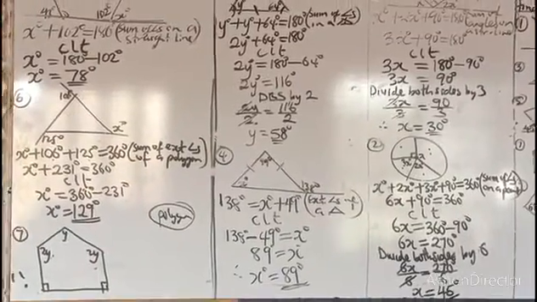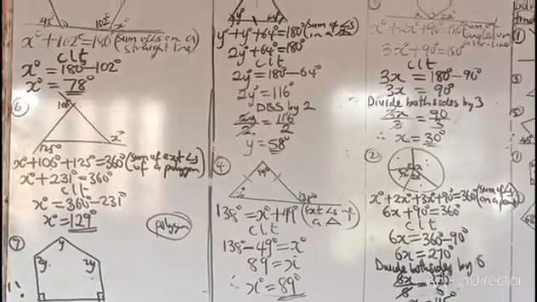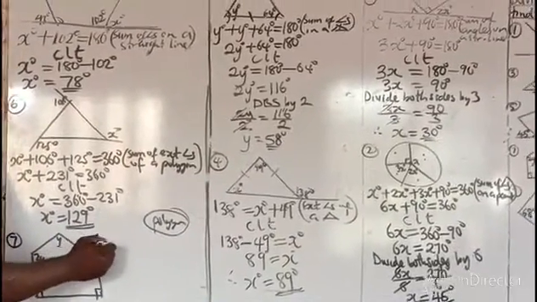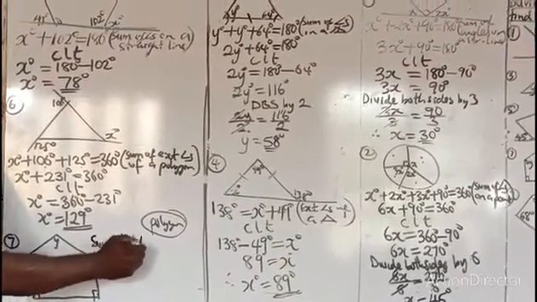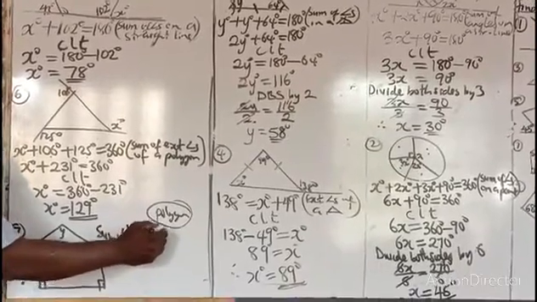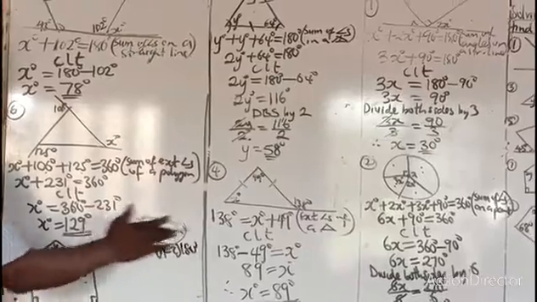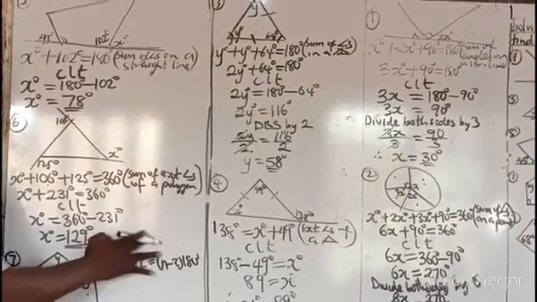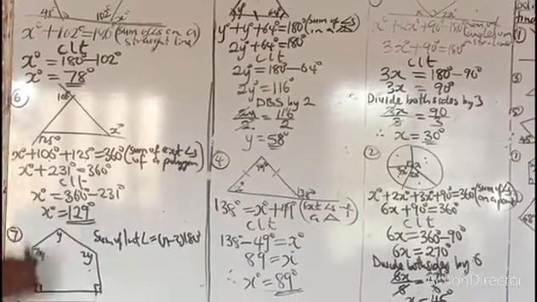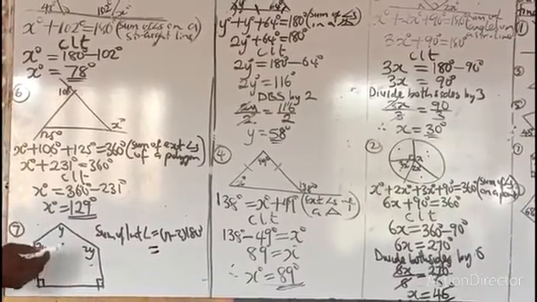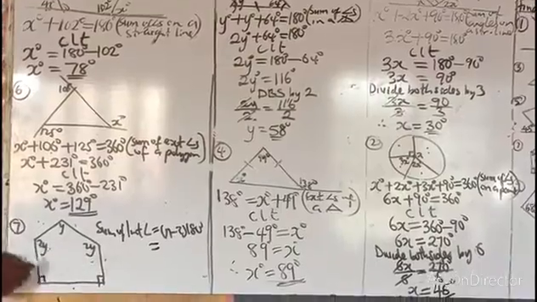Now we have this. What is the sum of the interior angles of any polygon? The sum of interior angles of any polygon equals (n minus 2) times 180, no matter what the polygon is. If you cannot remember the sum of those values, just remember this formula. In this case, what is our n? Our n is the number of sides. So we have 1, 2, 3, 4, 5.